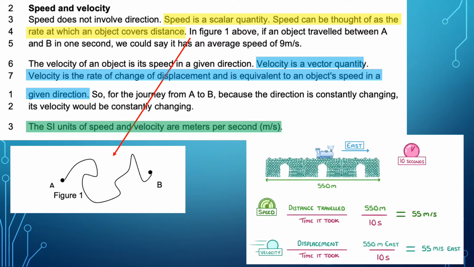The displacement is essentially the same thing, but we've specified that it's going east. So then it would be 55 meters per second east. And for this example, because I haven't specified that the train is turning and moving directions, it's in a given direction, right? So it has to be equal to the speed that's given.